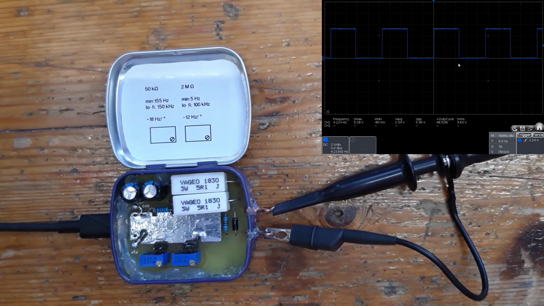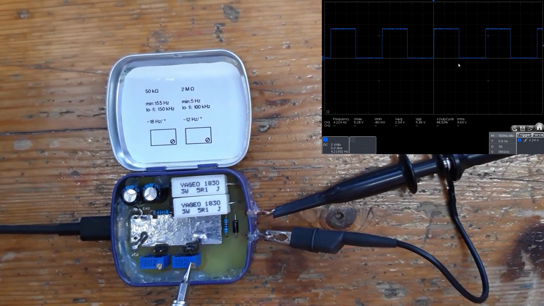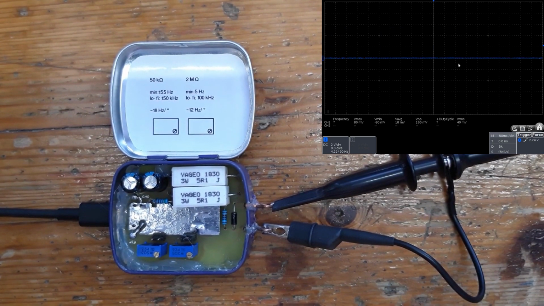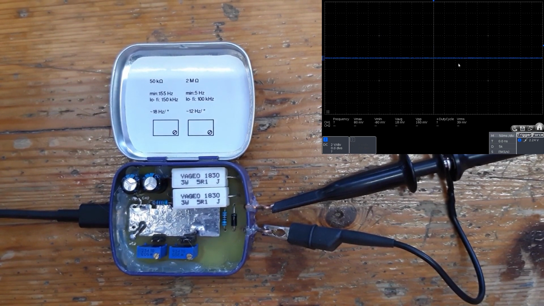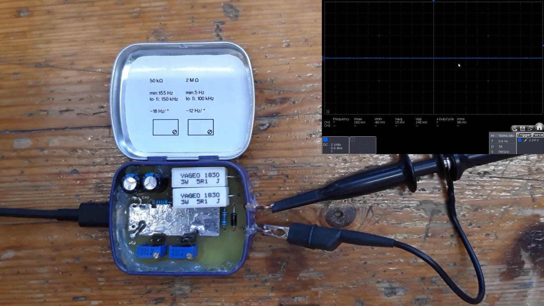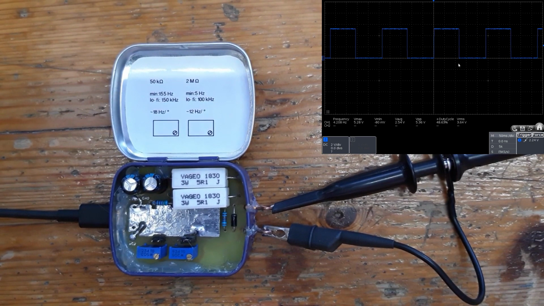As you can see, it is currently set for the lowest frequency, around 5 Hertz. Oh, my power bank stops supplying current when there is no load connected, and it's basically open circuit, so I'll have to restart it quite a few times.